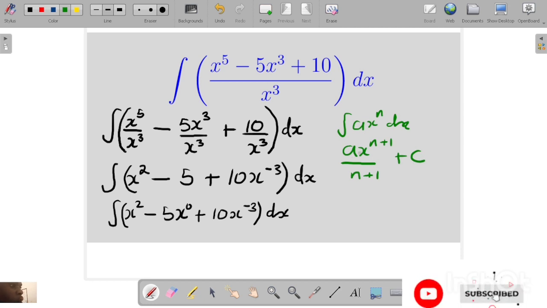So we're going to apply this to each and every term inside the brackets.